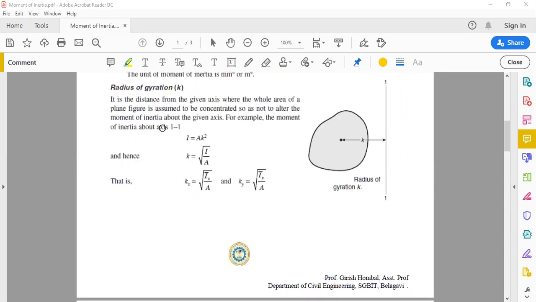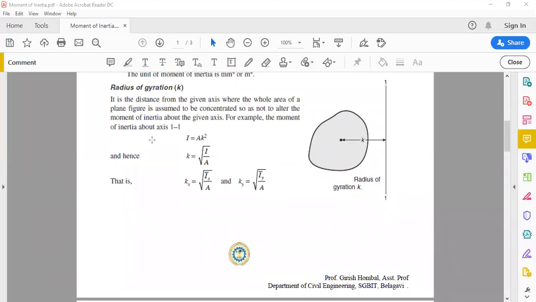Now next part we have a term called radius of gyration. What is radius of gyration? Radius of gyration is a simple term which is expressed in terms of moment of inertia and area.